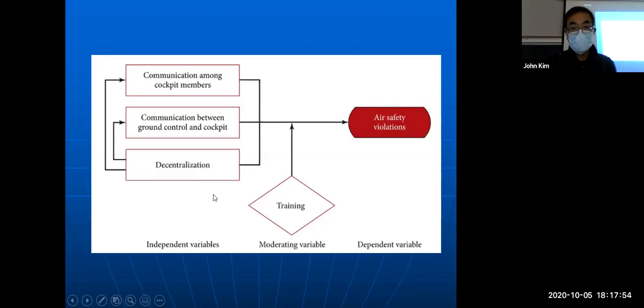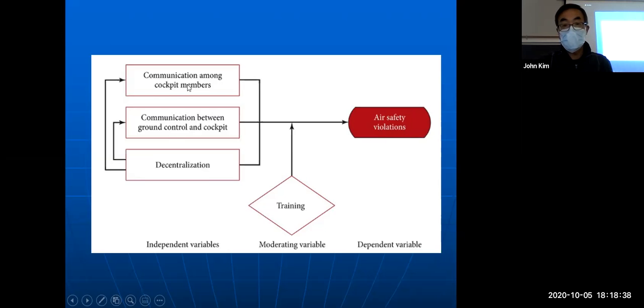Here, for example, the problems: communication among cockpit members, communication between ground control and cockpit, and decentralization. Because of those, air safety problems or air safety violations occur. So because of these things, they affect this one.